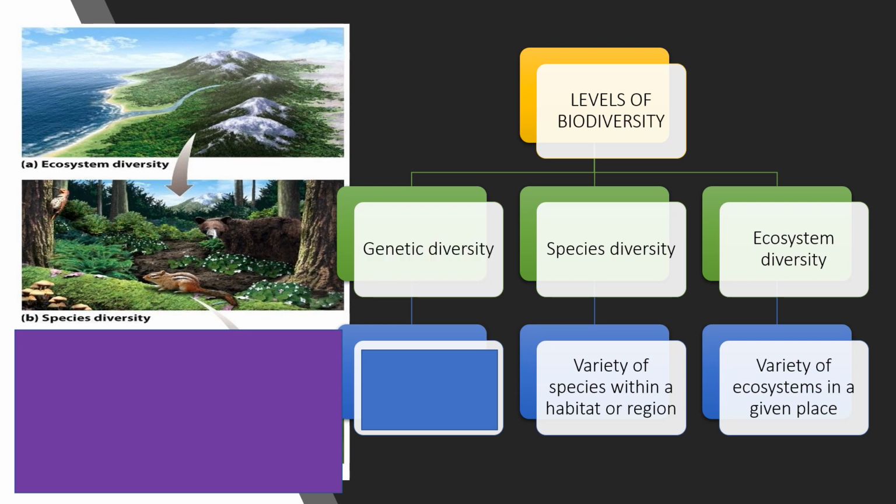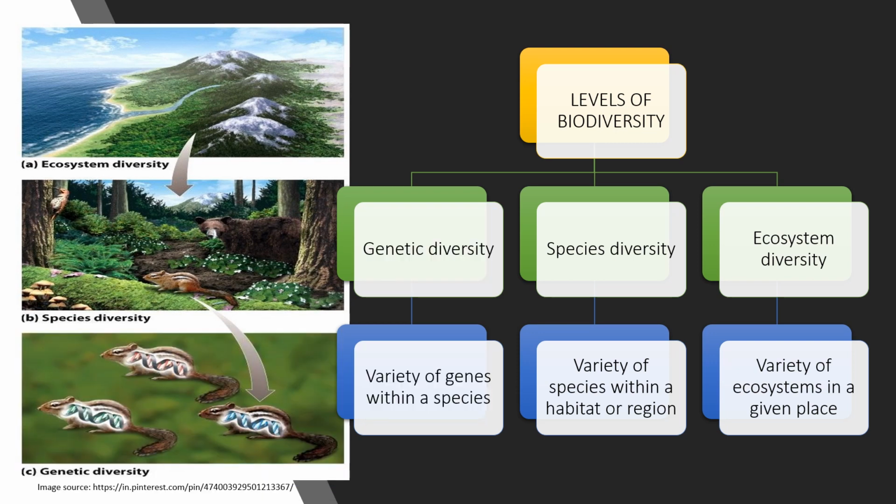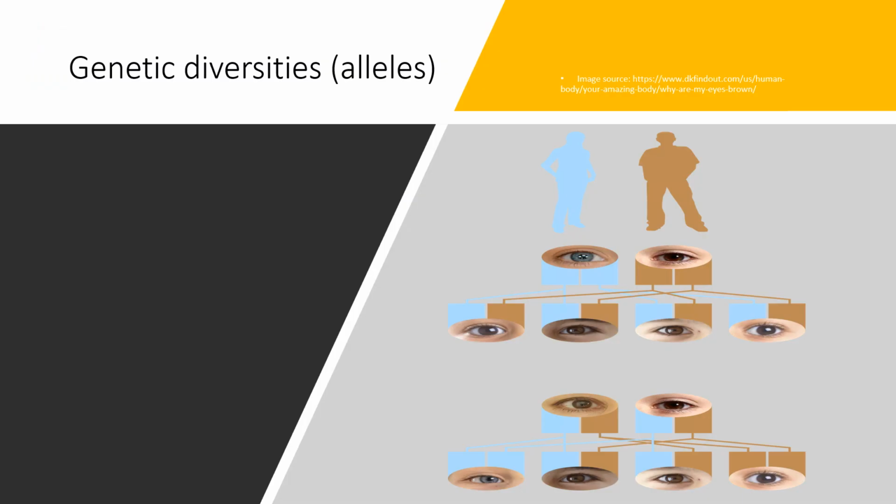In genetic diversity, you can see a variety of genes within a species, just like illustration C, showing the variation of a species of rodents. Genetic diversity variation may be in the form of alleles, total chromosomes, or chromosome structure. This is an example of genetic diversity due to alleles.